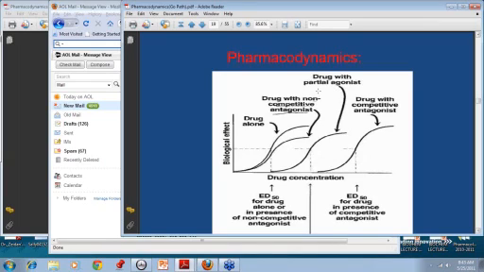Drug with a partial agonist, okay? So what you're going to see is you can achieve actually the same efficacy, but the ED changes. So this is what you have to see here.